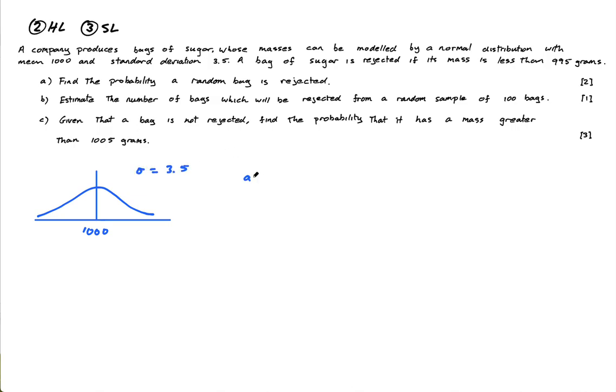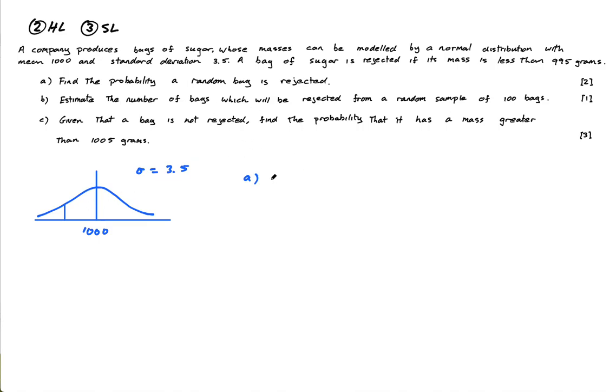So part A says find the, well, hang on. A bag of sugar is rejected if its mass is less than 995 grams. Okay, so it's nice to think, where is 995 grams? Well, it's going to be over here. It's definitely going to be left of 1,000. If this is the standard deviation, it's probably over here somewhere. Now, this doesn't need to be exact, but so long as you're over to the left of 1,000, that's all that matters.